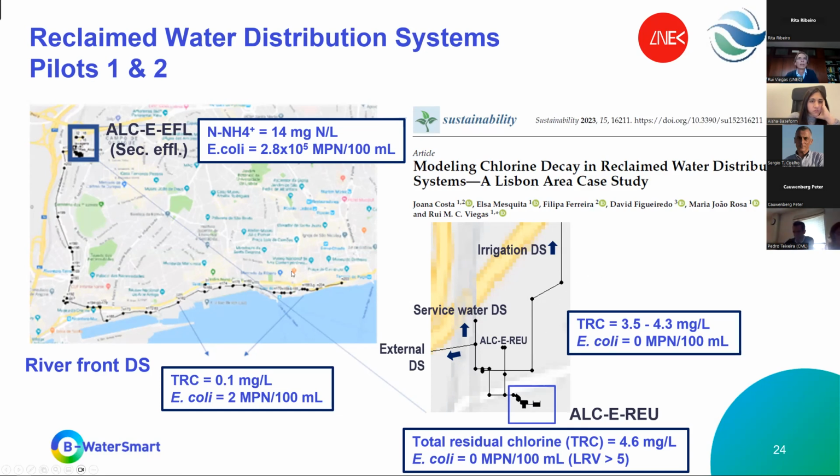No E. coli, and at the end of this distribution network, we had a low concentration of chlorine, but also disinfected. With the results of these campaigns, we published a scientific paper.